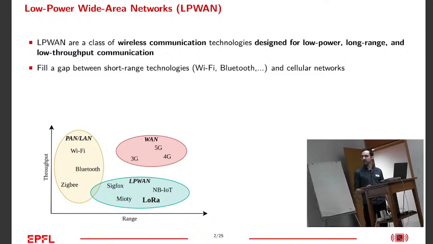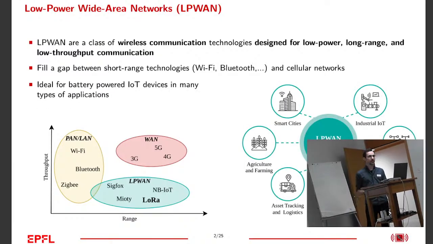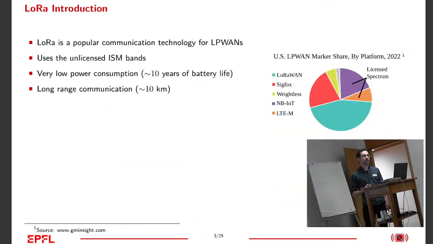In recent years, there have really been a lot of devices developed, and a few technologies have emerged, with LoRa being one of the main, most used and deployed ones nowadays. We focus on LoRa, as you could guess from my title, and it's one of those LPWAN network technologies.